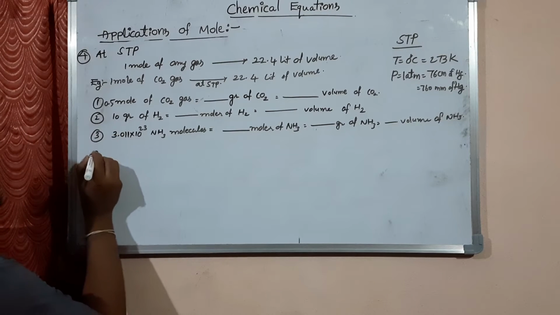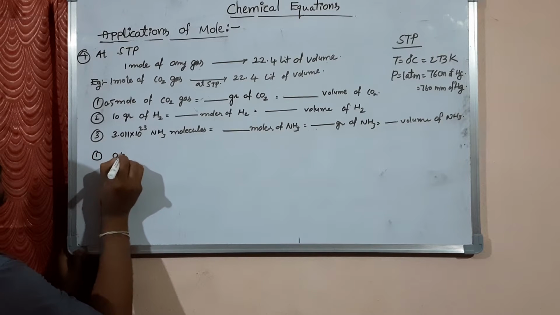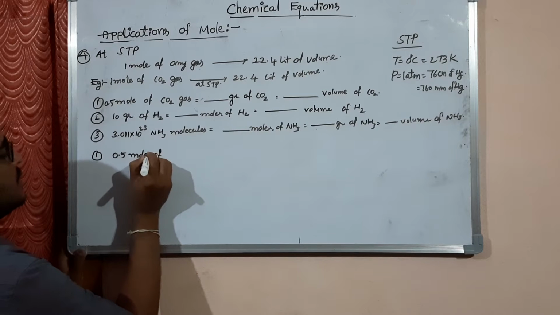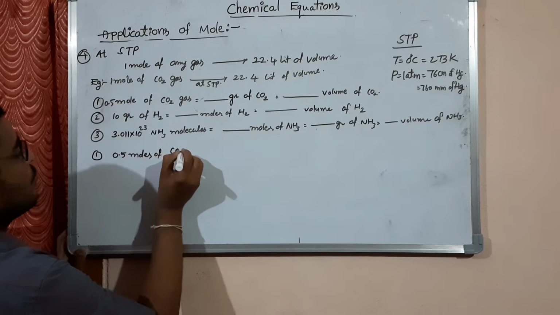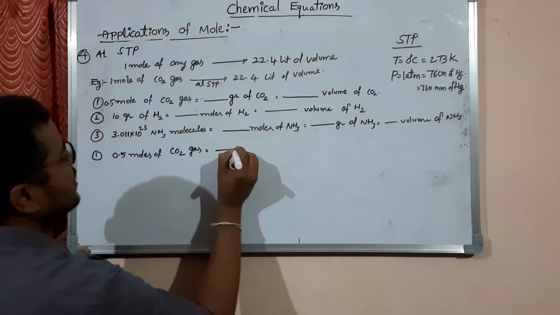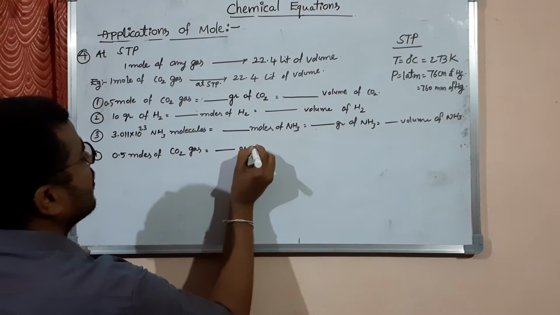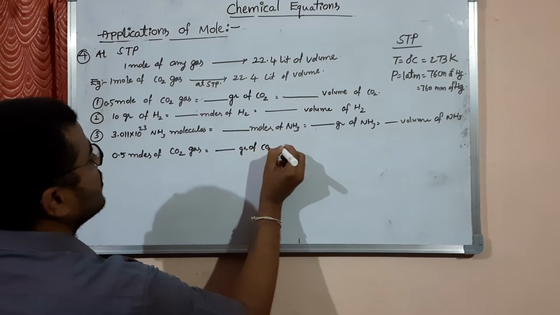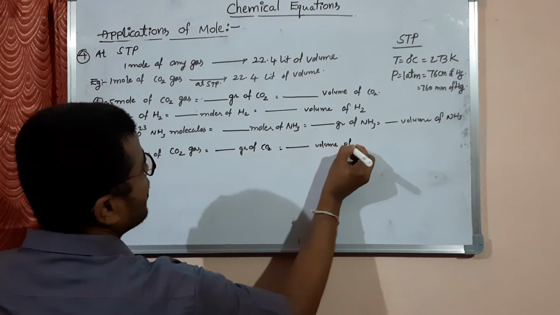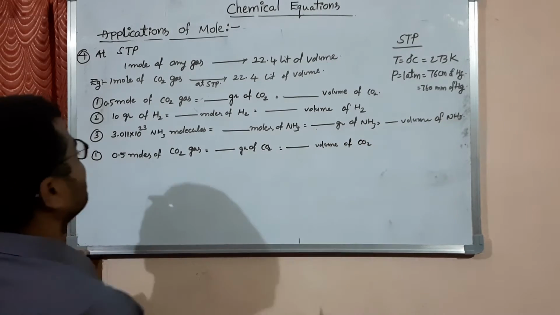What is the first problem here? 0.5 moles of CO2 gas is equal to dash grams of CO2, that is equal to dash volume of CO2.